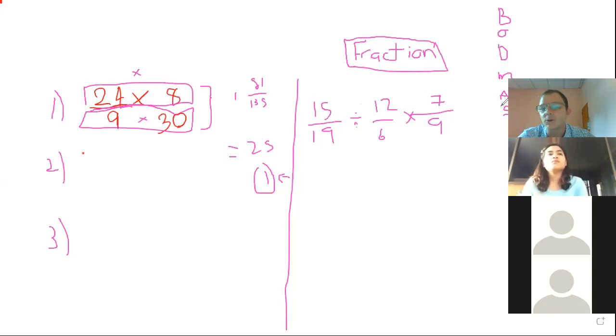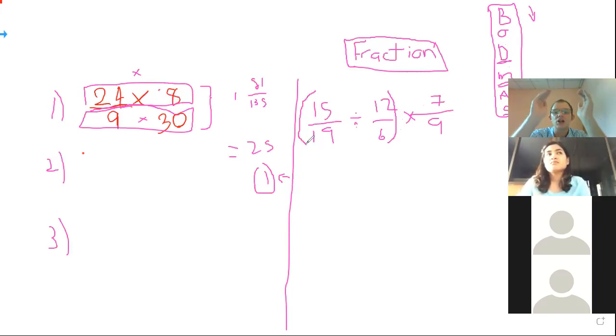So it means to say that when we have mixed problems with more than one sign, we have to look at our friend over here. And we'll have a lesson about BODMAS, but here we can see from top to bottom what comes first: division, then multiplication. So here we can put brackets around this number, and we know we're first going to do the bracket, and then we're going to do the other one, the multiplication.